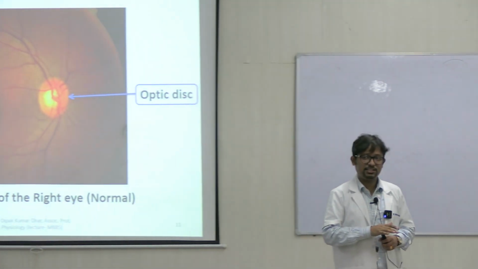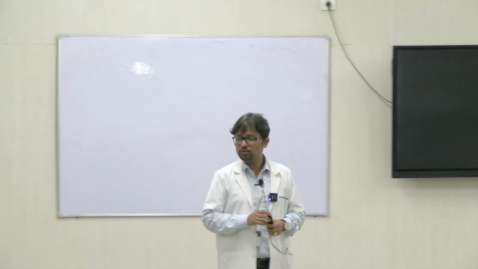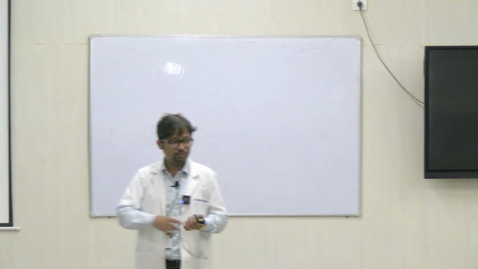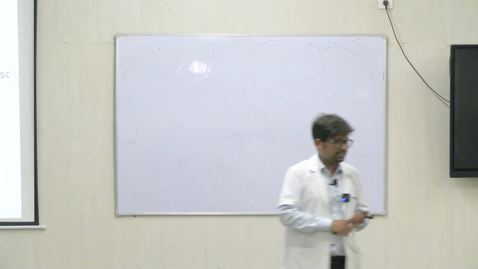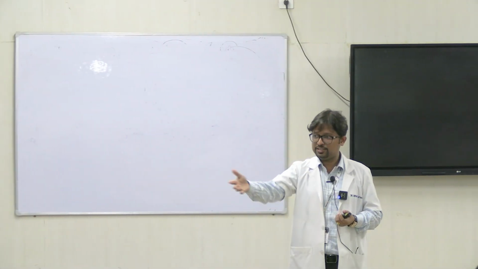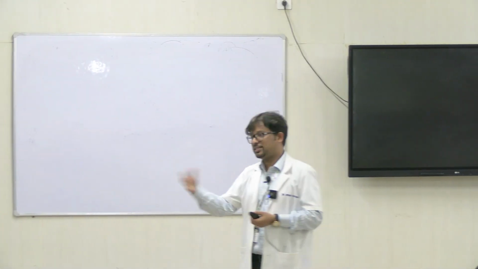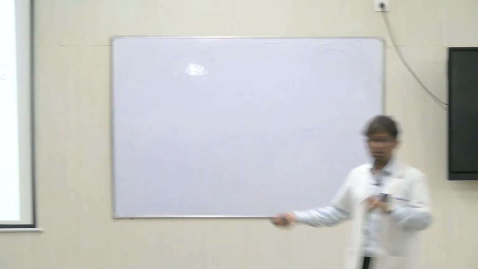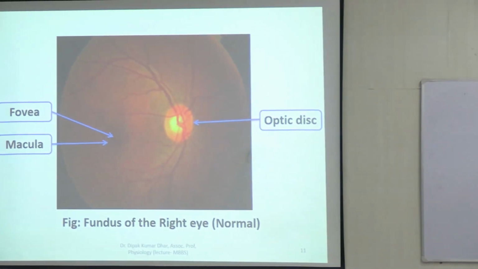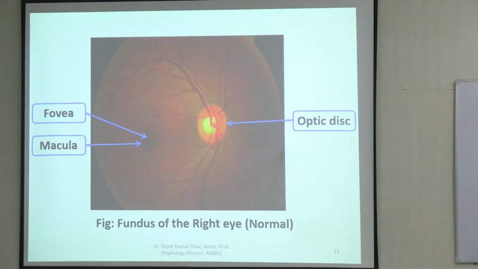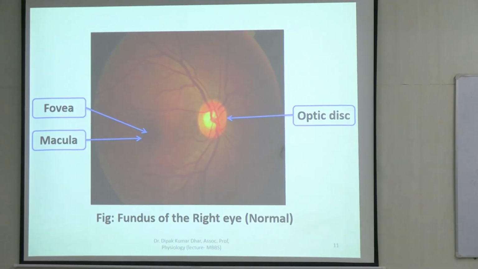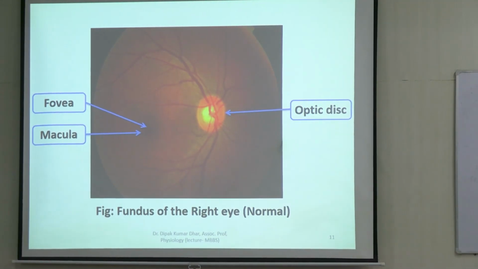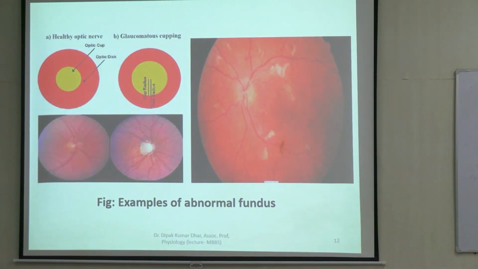The fundus examination is a very important screening tool for almost all chronic diseases, like the common ones being hypertension and diabetes mellitus, which will eventually cause some type of complication or change in the blood vessels. So this is the only area of the whole body where you can directly visualize the blood vessels. Right? There is no skin, nothing over it. You can directly visualize the blood vessels. That's why it is used for screening purposes.